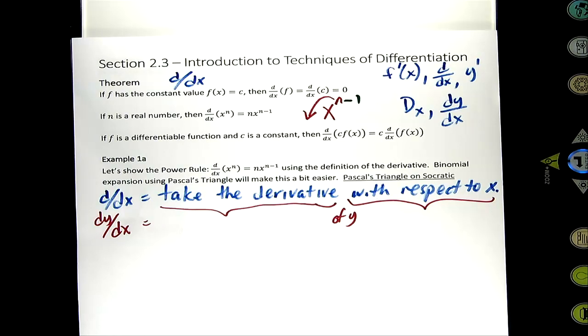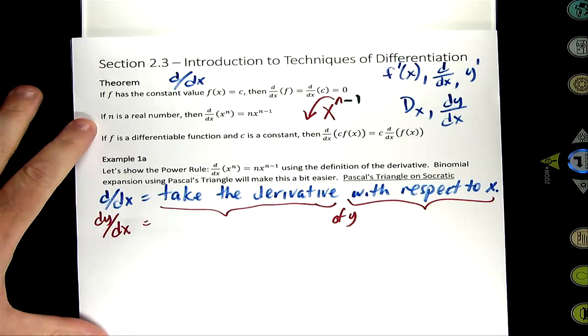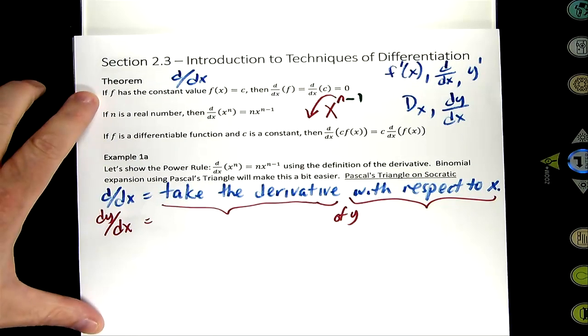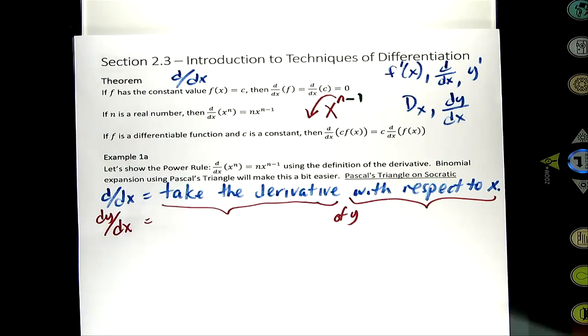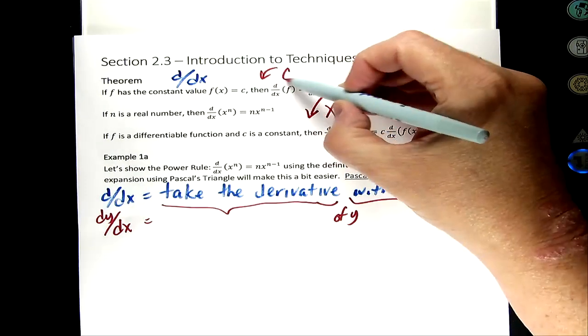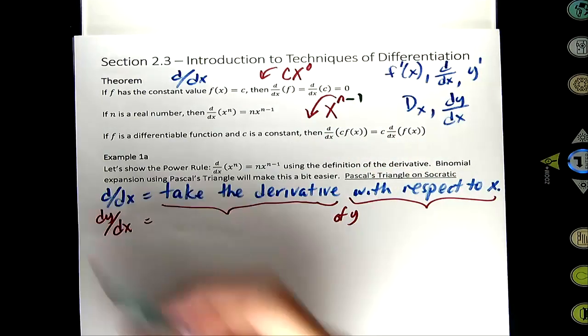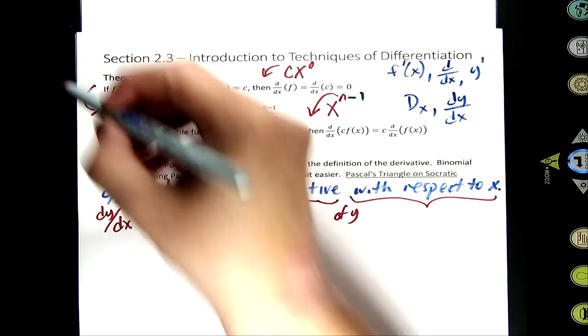I wanted to start off showing the power rule, though, this middle one. This top one is just a case of x to the 0. So the constant value one is like c x to the 0. So this is like a subset of that one.